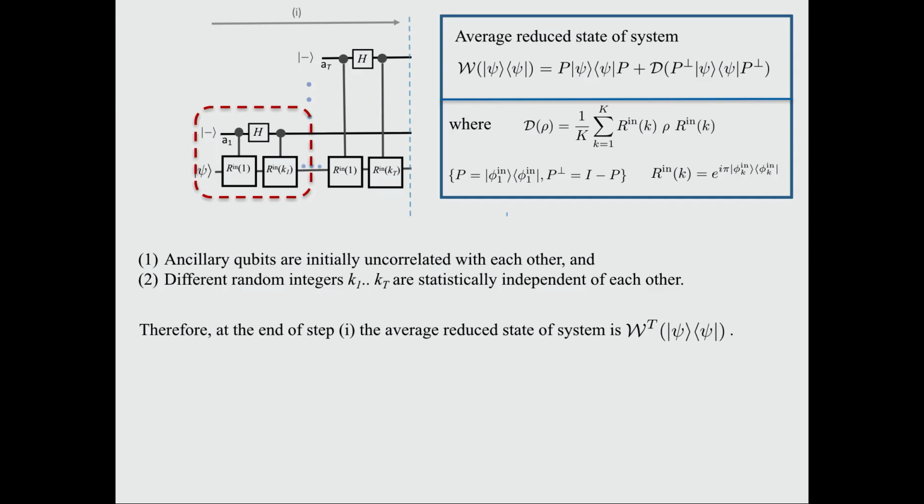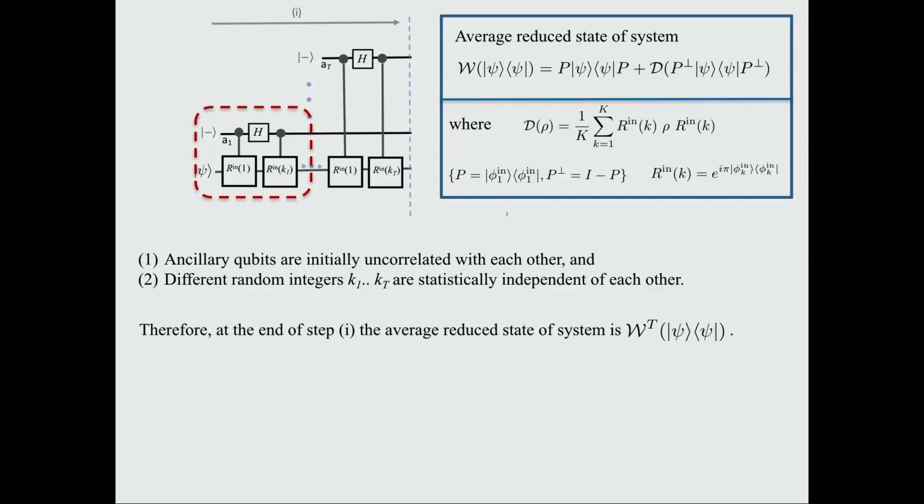Okay. And now what happens when you apply this process T times? Then, using the fact that, again, if you think about what's happening from the point of view of the system, the reduced state of the system, using the fact that these ancillary qubits are initially uncorrelated, and using the fact that these random integers are independent of each other, you can argue that the overall effect of this channel on the reduced state of the system, when you average over these integers and when you trace over the ancillary qubits, is channel W to the power of T acting on psi.